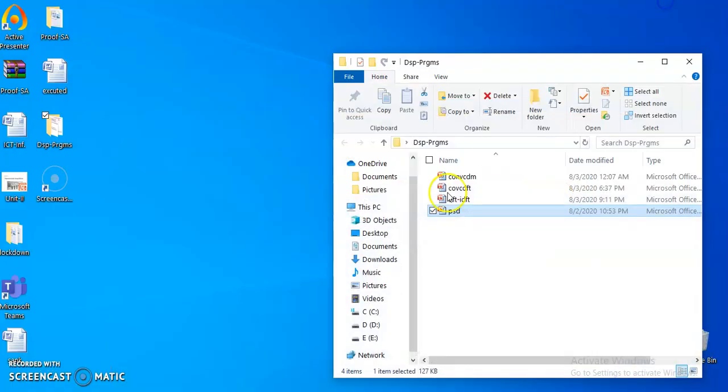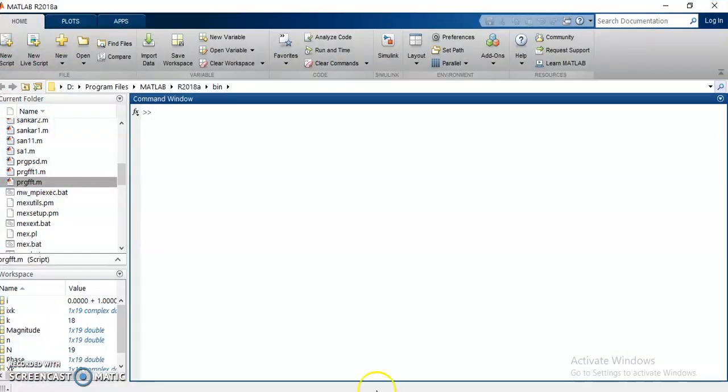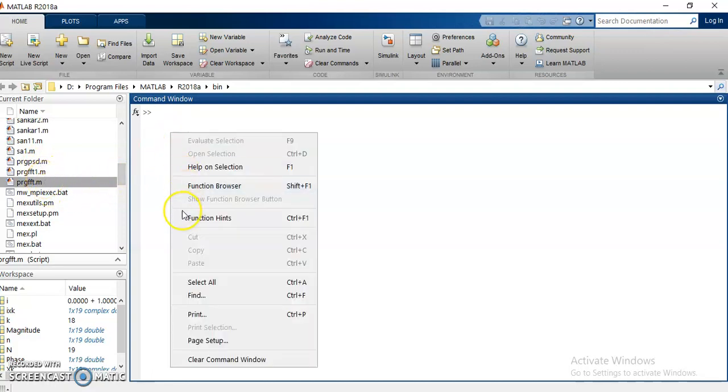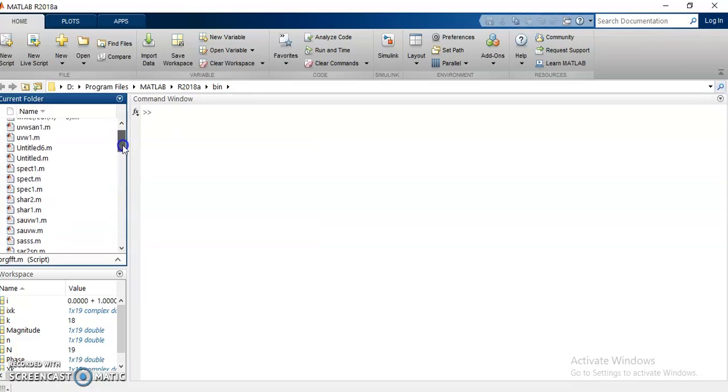Let us observe the discussed program in MATLAB. So here we need to represent the power spectral density program.